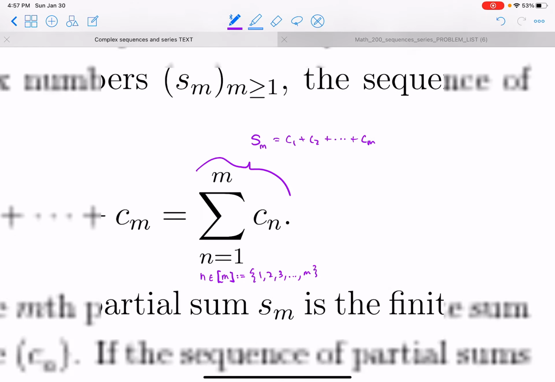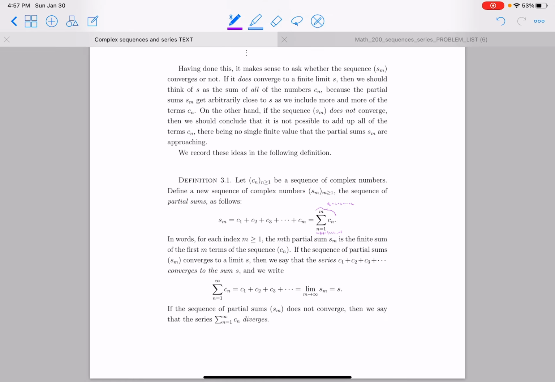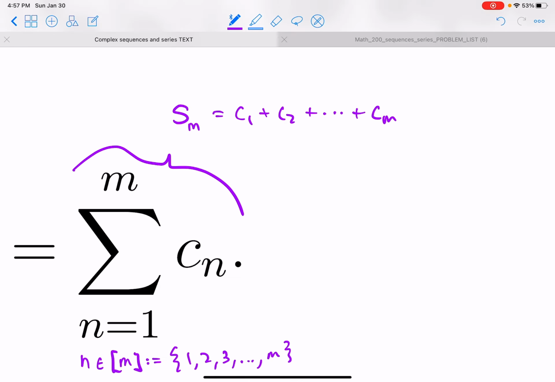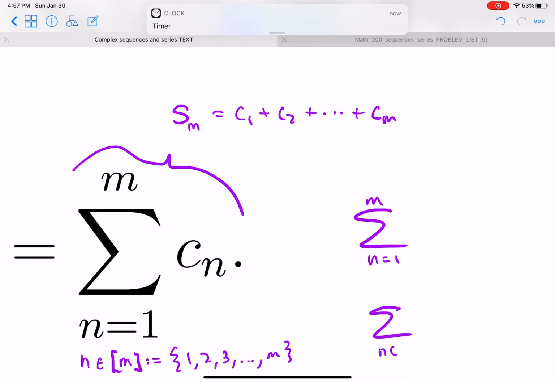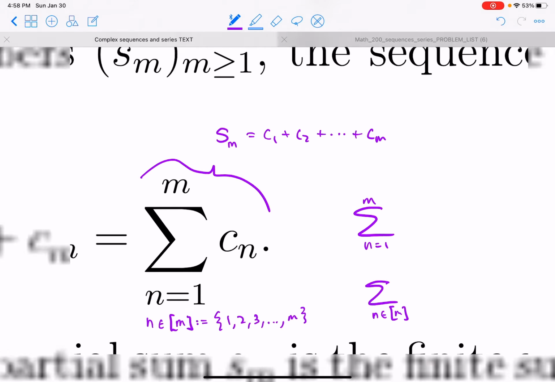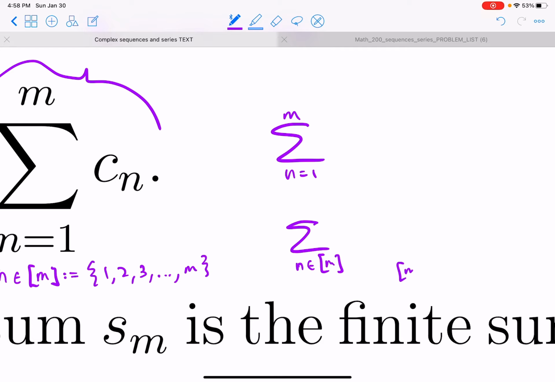I like that notation. And then instead of writing sum n equals 1 to m, you could write sum of n in this set, where you've already told people that this symbol means 1, 2, up to n. Anyway, it's up to you how you do it.